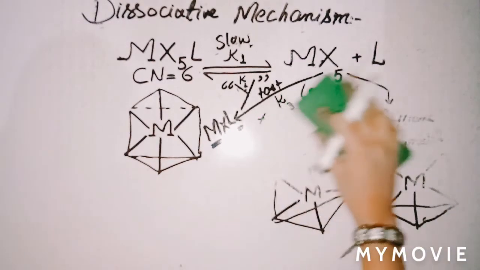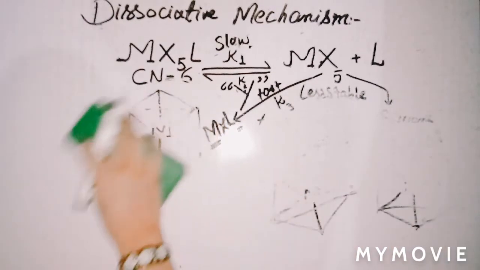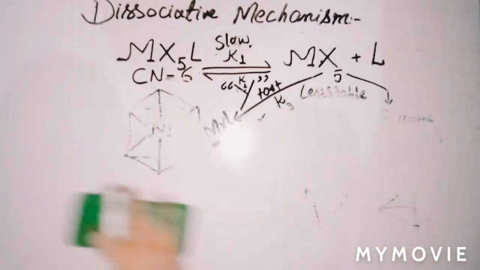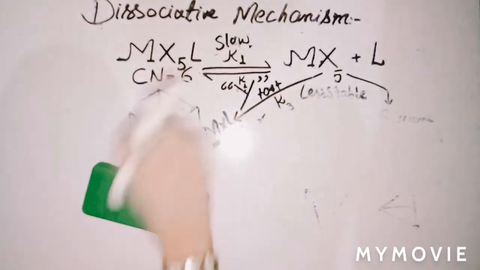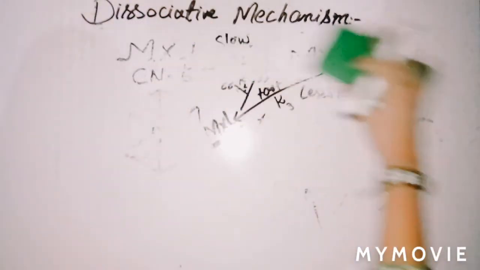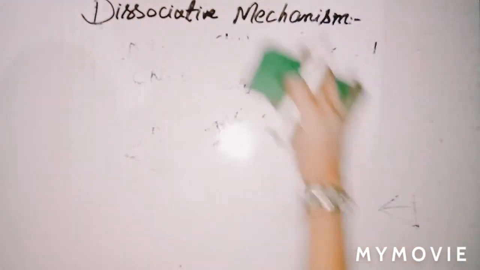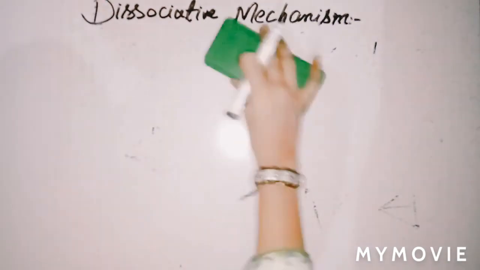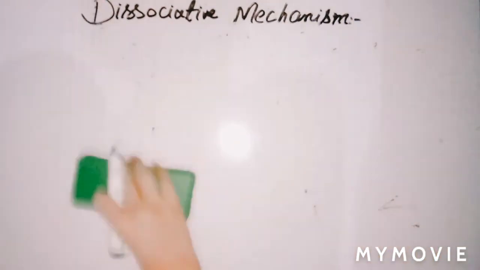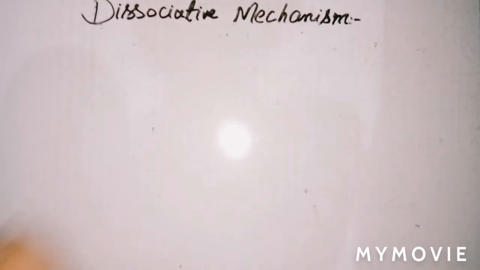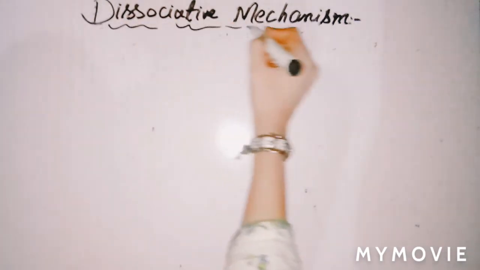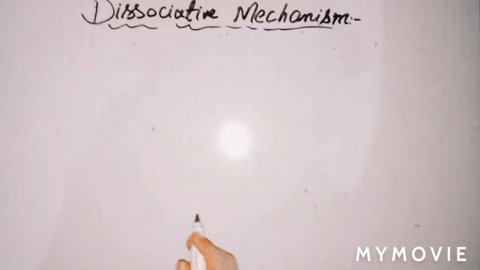In order to determine the kinetics of this reaction, we can write the 3-step equation. These 3 steps occur during the dissociative mechanism, and we apply the rate law and steady state approximation in order to determine the kinetics of the dissociative mechanism.